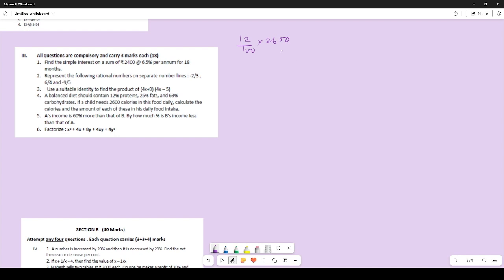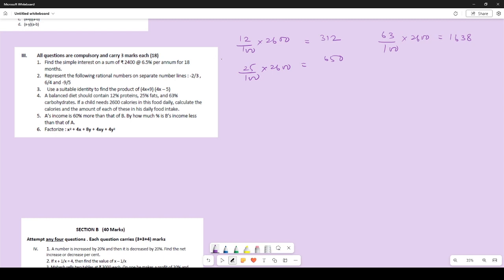So 12% of 2600 calories, if you find out, it comes up to 312. Then same way over here, 25% of 2600 comes to 650 calories, and 63% of 2600, if you check this out, it will come to 1638 calories. So that is the distribution of the calories for the child.